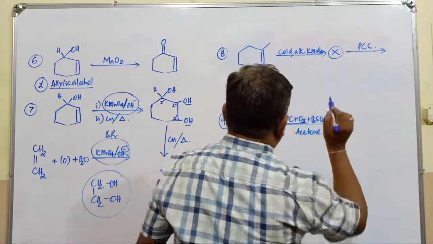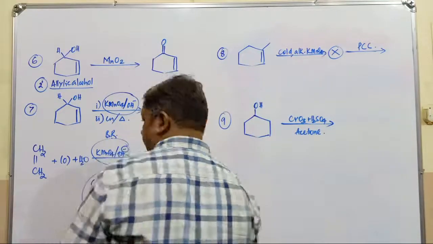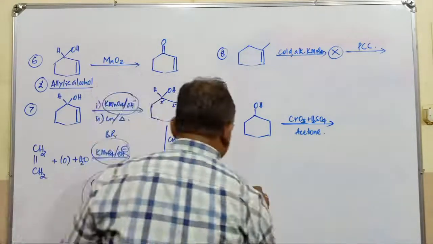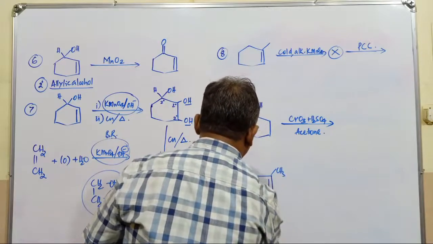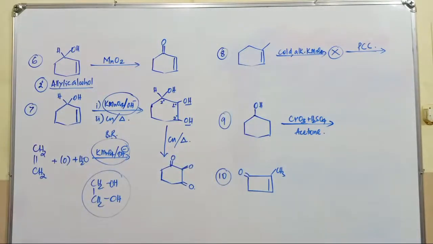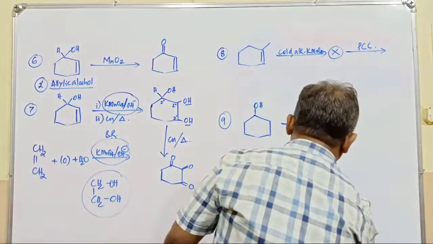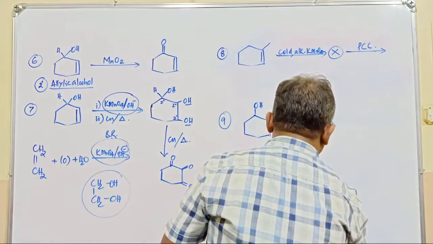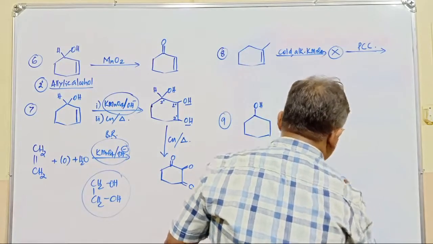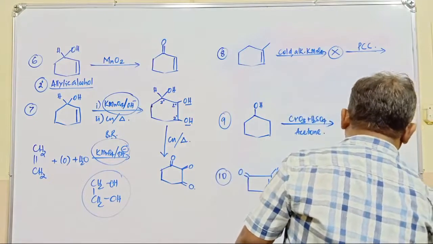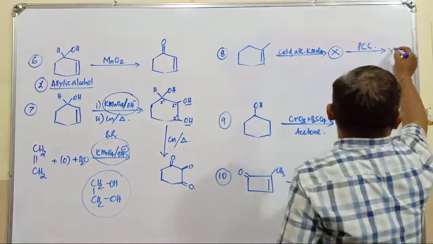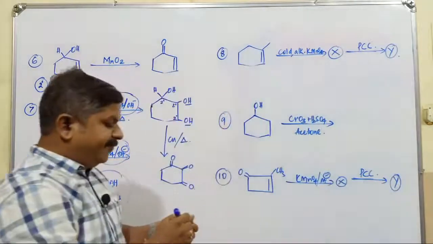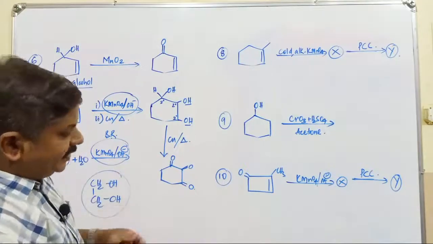And the last reaction has a double bond, CH3, and double bond O. This is treated with KMnO4 and OH minus, and X is obtained, which is further treated with PCC to give compound Y. Find out the products obtained in case of these reactions.